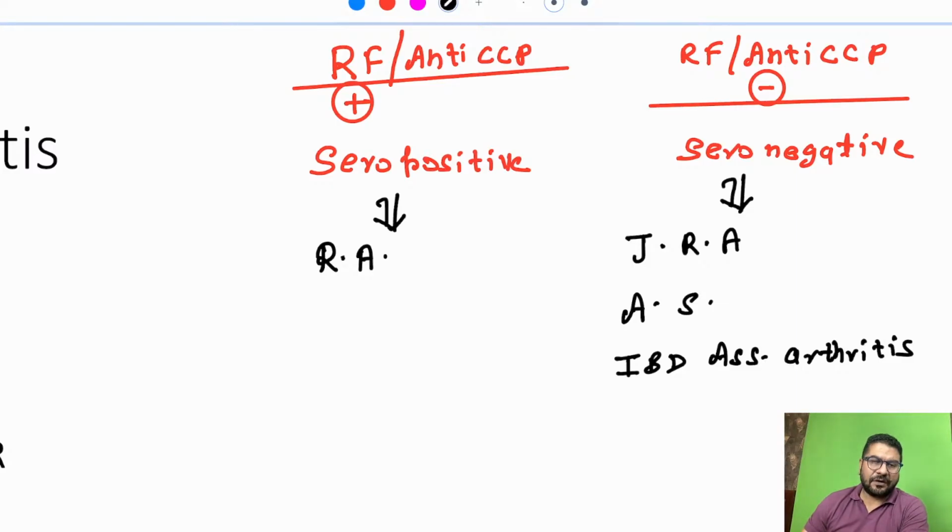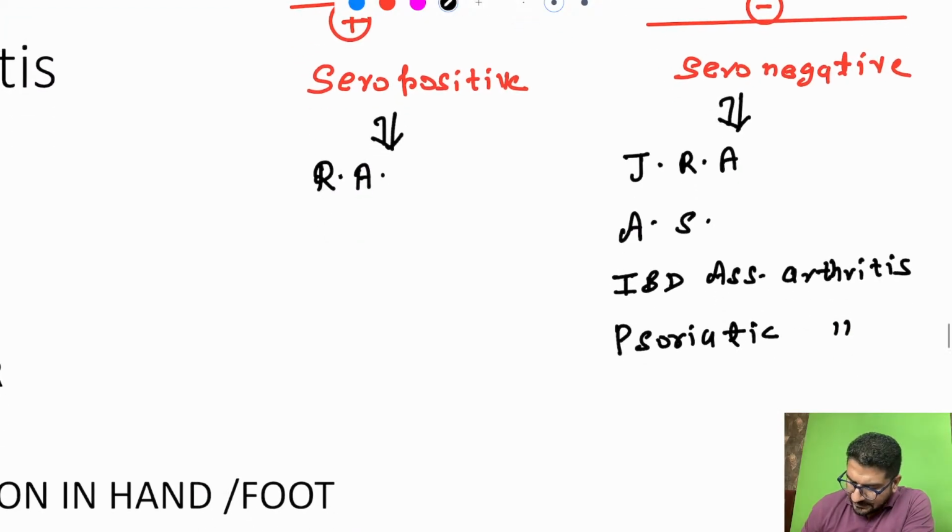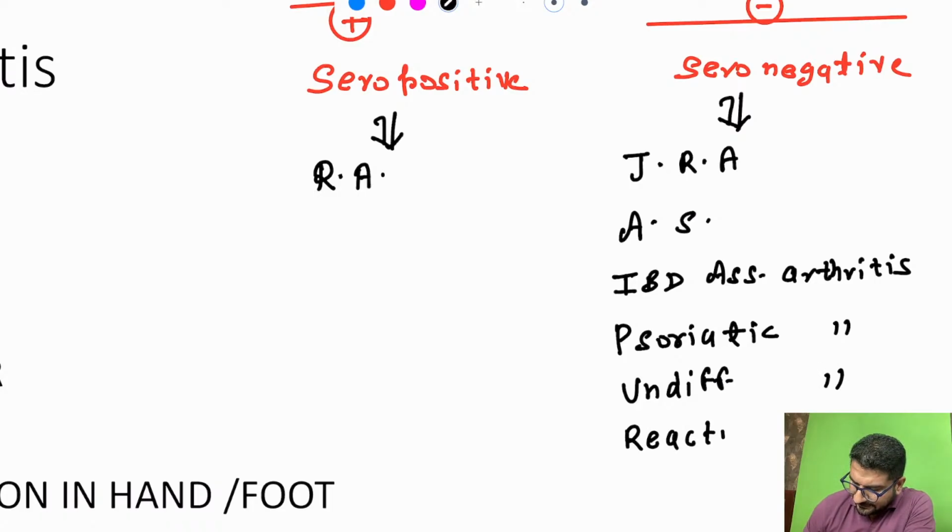IBD means inflammatory bowel disease. Then we have psoriatic arthritis. Then there is a very rare type, which we call undifferentiated arthritis. And the last one will be reactive arthritis. So these you can remember with the mnemonic. That mnemonic is Jaipur.